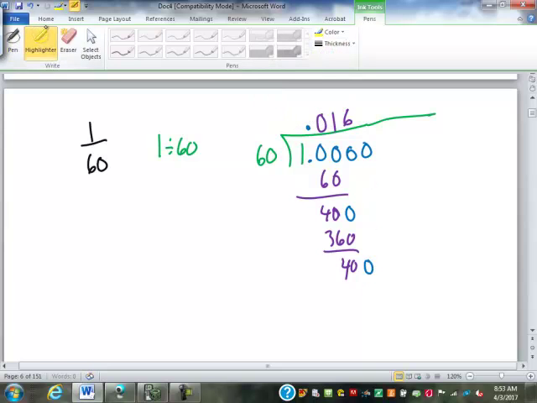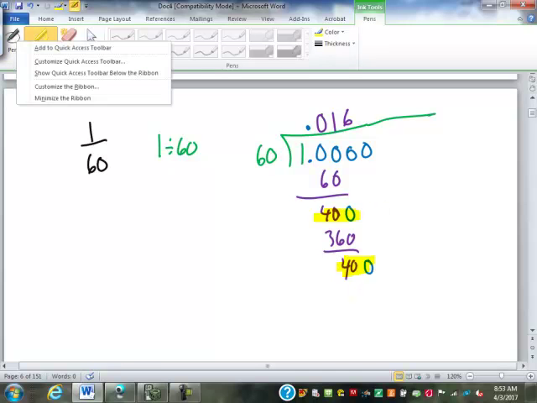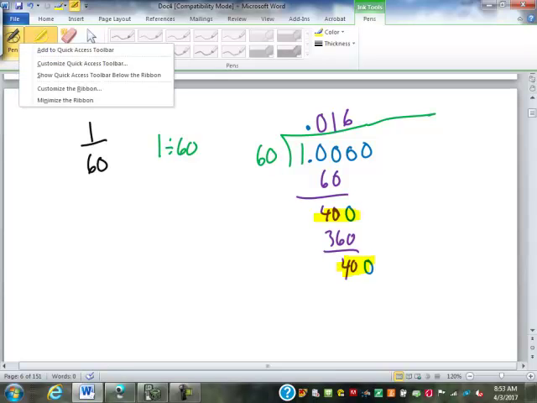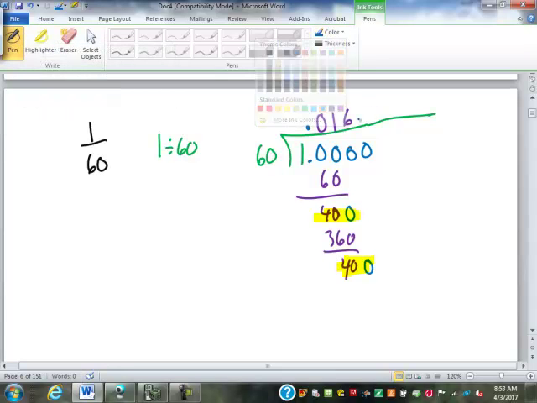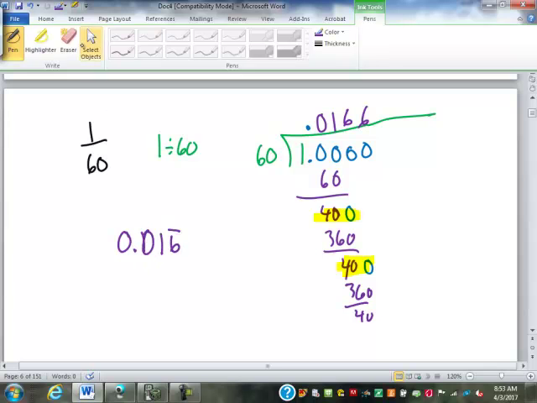Well, at this point, you might notice this was 60 going into 400, and once again, it's 60 going into 400. What's that answer going to be? Yeah, it's going to be another 6 here, which would be 360 again, which would still be 40. So it's always going to be a remainder of 40, which means it's always going to be 6. So this is going to be 0.016 with a bar over the 6 to indicate that 6 repeats over and over again.